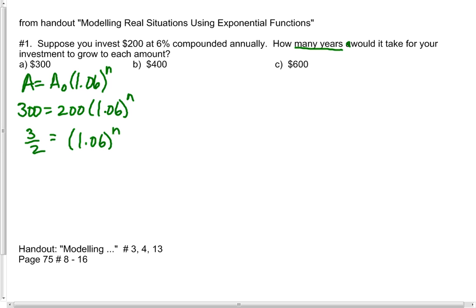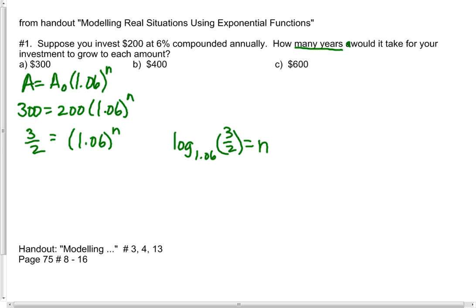Well, I could guess and check, but not very well, I can assure you. I know that this relationship can be modeled by, okay, if it's a log, I have the same base, log base 1.06 of 3 halves equals the exponent n.